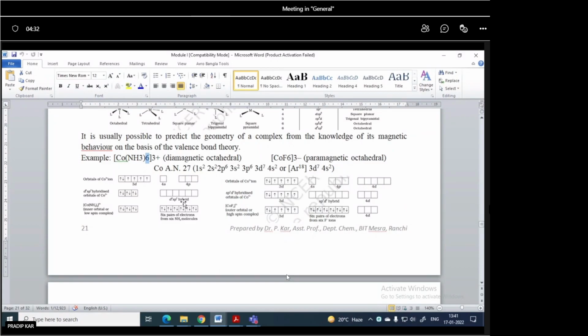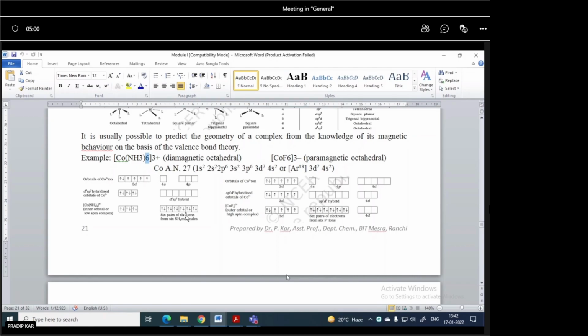So you have to denote it as d2sp3, and here is pair of electrons within the d orbital. This is hybridization. Now 6 orbitals are vacant to accept the 6 lone pairs from the NH3 molecules. Here is the picture. And that is why we can say that it is having the octahedral structure.